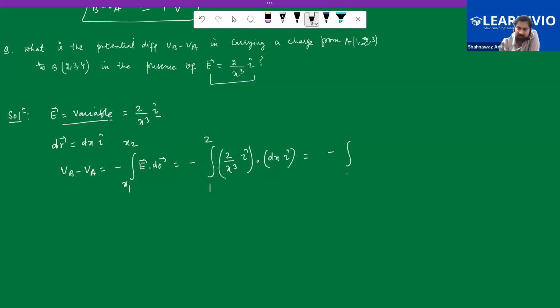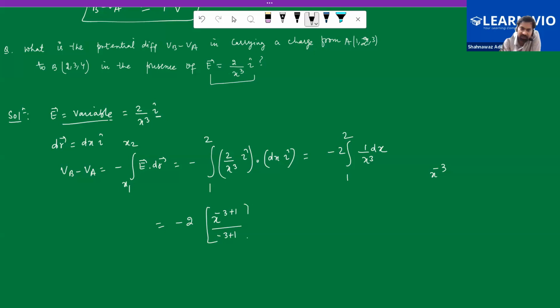So this is 1 to 2, and this 2 is taken outside, and 1 by x cube dx. So what is this thing? This is minus 2, this is x to the power minus 3. So the integration would be x to the power minus 3 plus 1 over minus 3 plus 1.